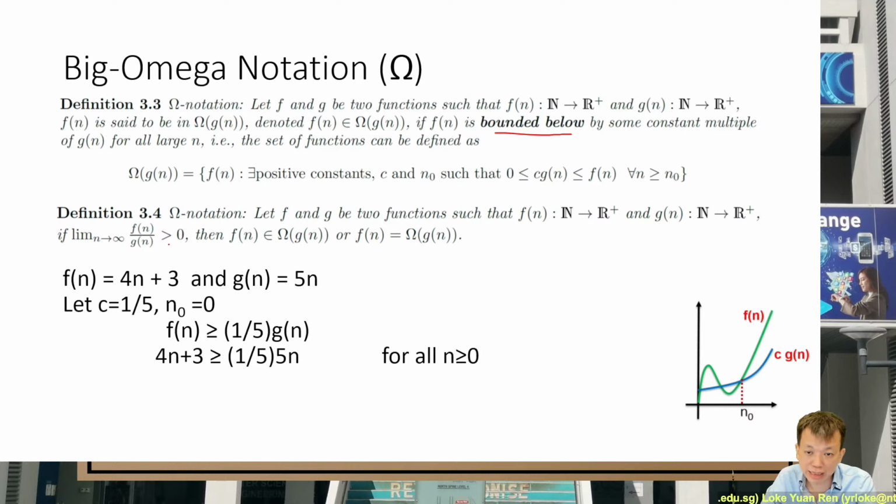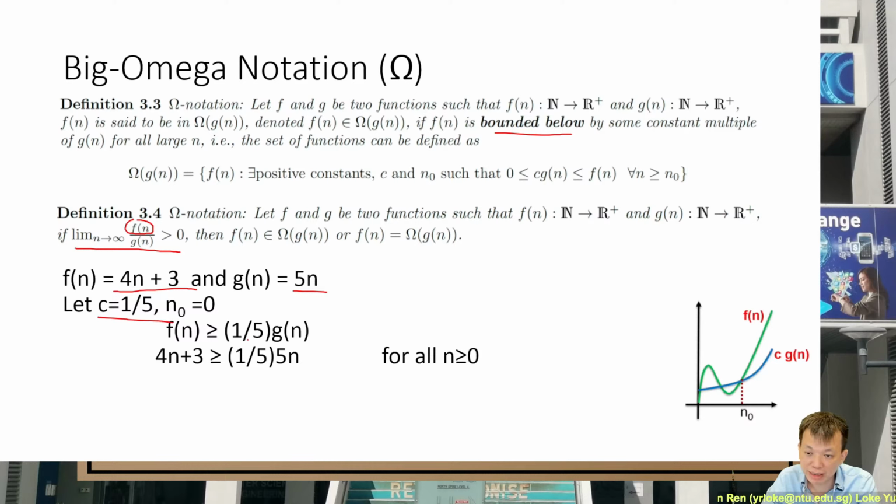Same thing, I can also use the alternate definition, which takes the ratio. As long as this ratio, taking the limit, is greater than 0, it implies that f(n) grows at the same rate or higher than g(n). Then I can conclude that f(n) is in big omega g(n). Same example, 4n plus 3 and 5n, both are linear functions.